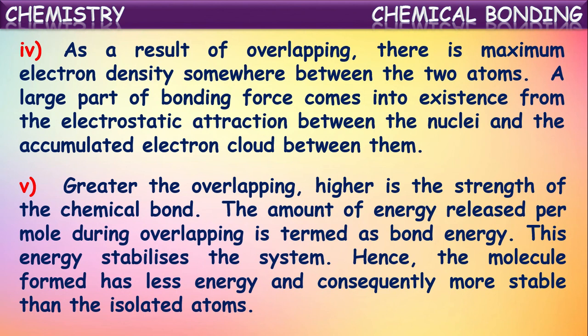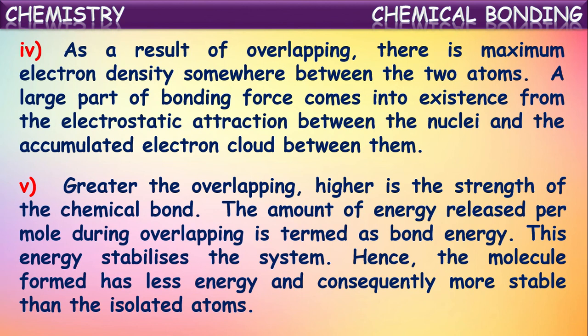Now one more point. Greater the overlapping, higher is the strength of the chemical bond. So if two atomic orbitals of two atoms overlap each other to a maximum extent, then the covalent bond formed will be much stronger. So in this way, the strength of the covalent bond formed will be dependent on the extent of overlapping.